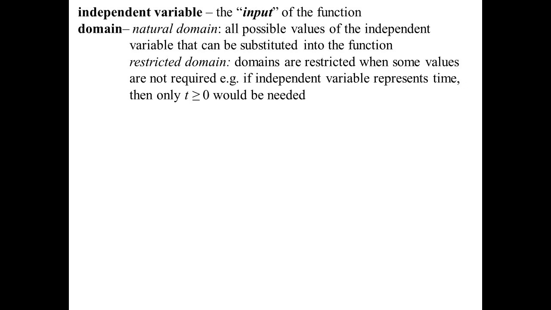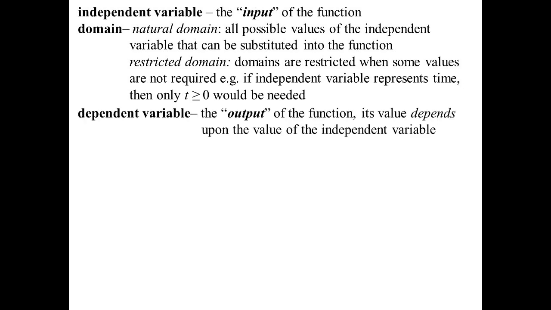Sometimes it's necessary to restrict the domain to certain values, and that might be a situation where we're only interested in, say, some experiment or something. And so really I'm only interested in positive numbers if my variable was time. So sometimes we might restrict the domain of our function.